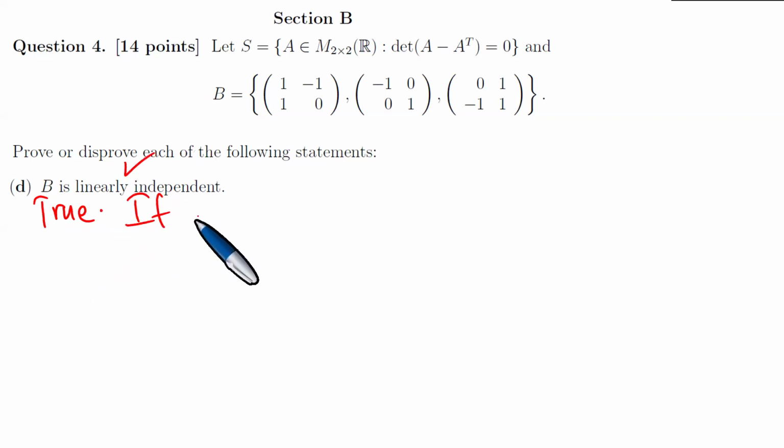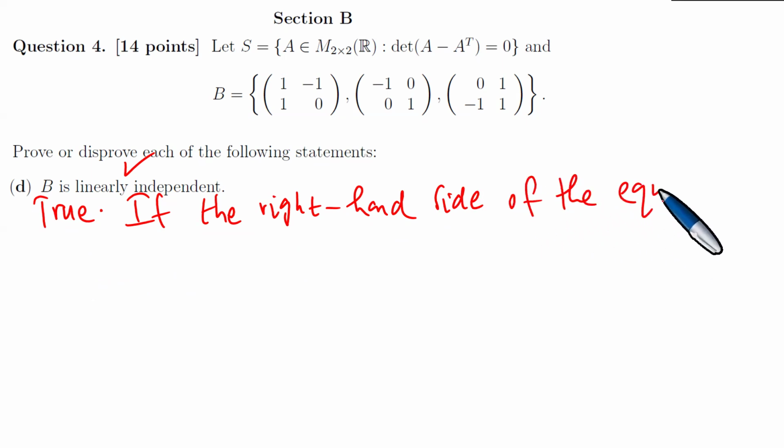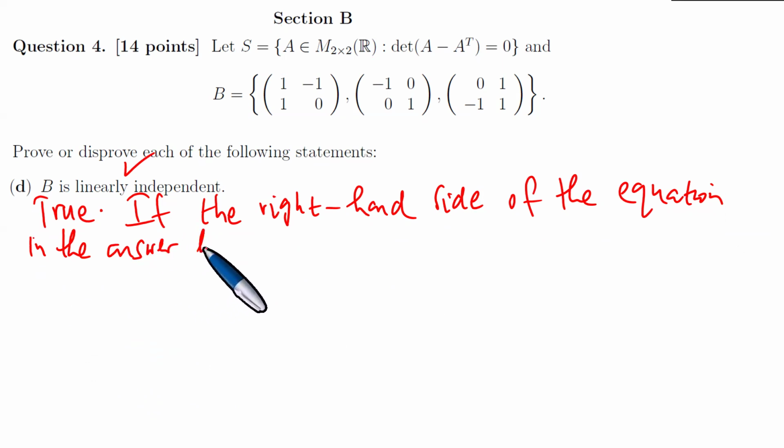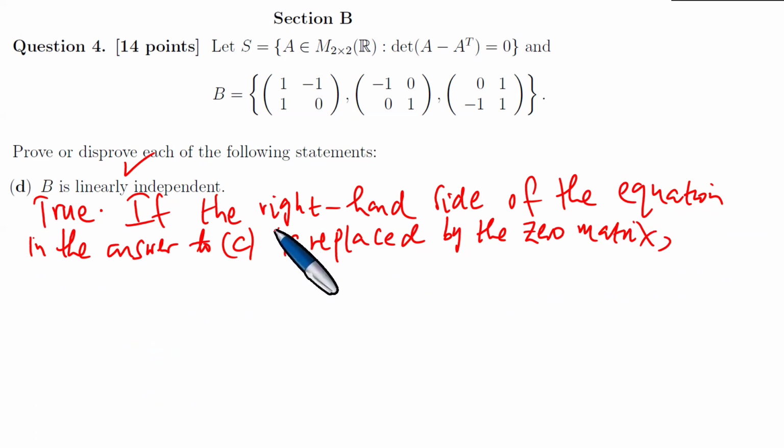It is true that it's linearly independent if the right-hand side of the equation in the answer to C is replaced by the zero matrix. We put zeros on the right.